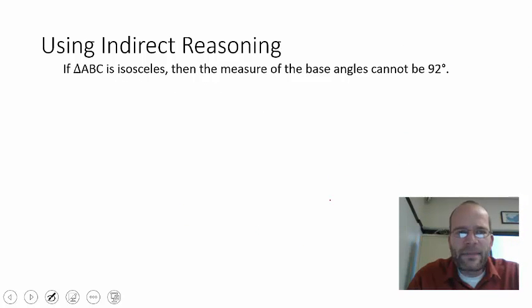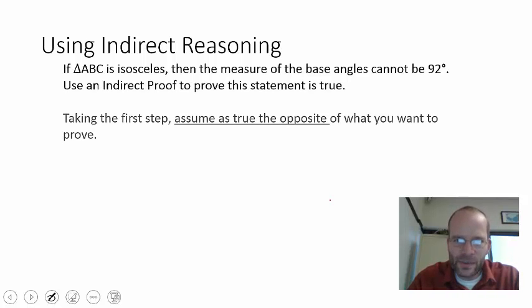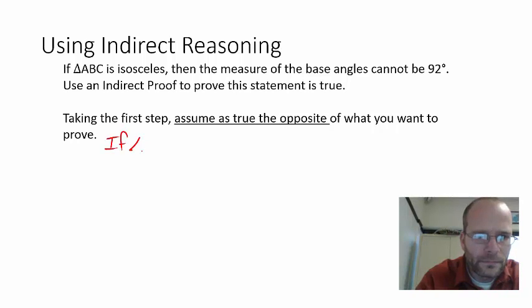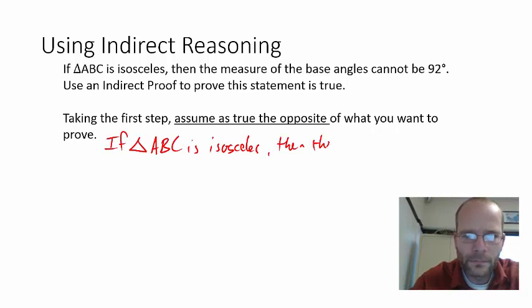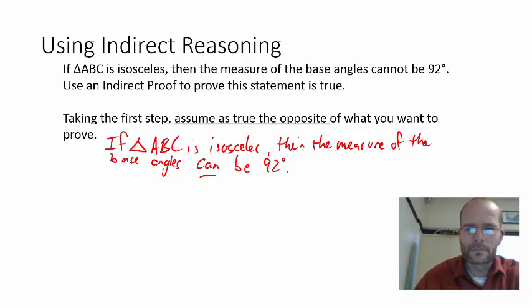If triangle ABC is isosceles, then the measure of the base angles cannot be 92 degrees. First step, let's assume the opposite first. If triangle ABC is isosceles, then the measure of the base angles can be 92 degrees.